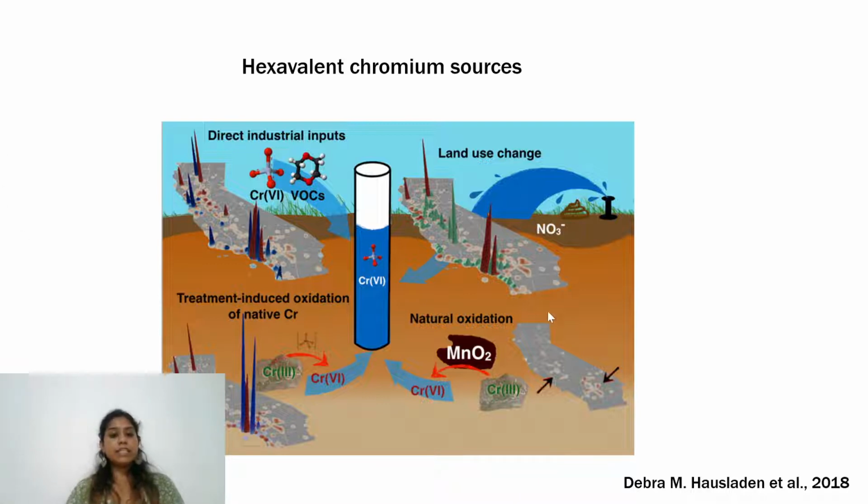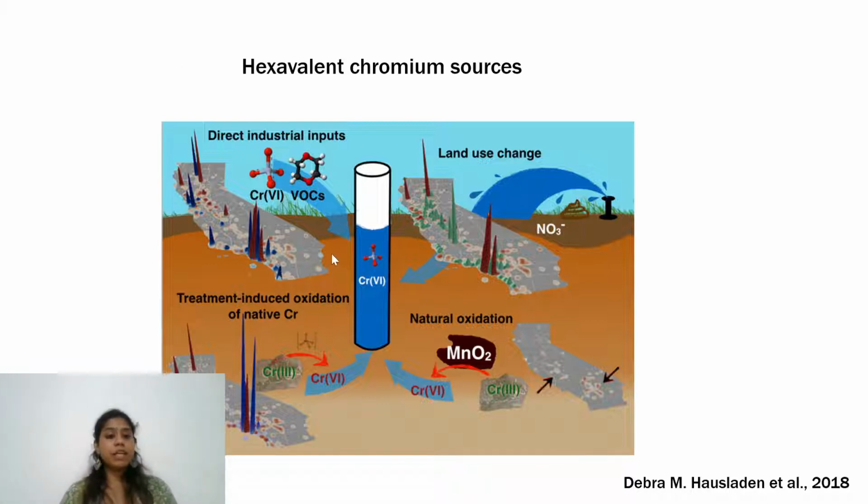We can see that these are all the different sources from where hexavalent chromium, a heavy metal, comes to the environment, either through direct industrial inputs. Volatile organic compounds can contain chromium molecules, and industries could just be processing something, especially like leather industries and all.